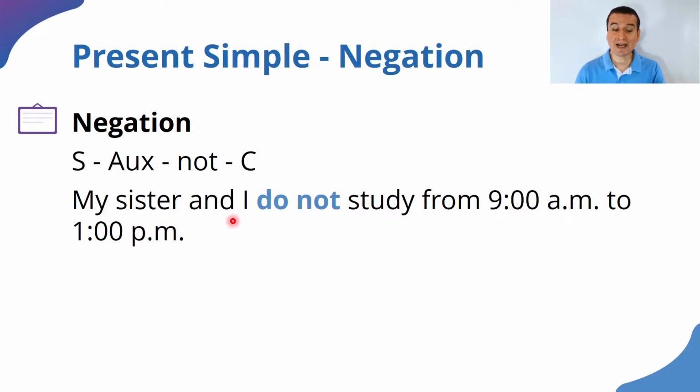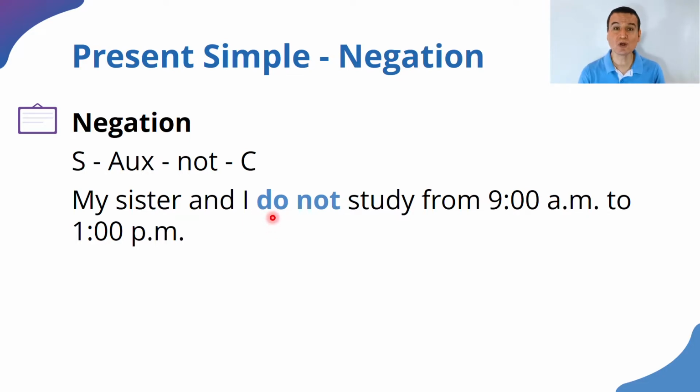My sister and I, that is, we need to add an auxiliary before we use not, for the negation. So the auxiliary that we use for the present simple for plural nouns, or for I or for you, for the first and second person, and for the plural subjects is do.